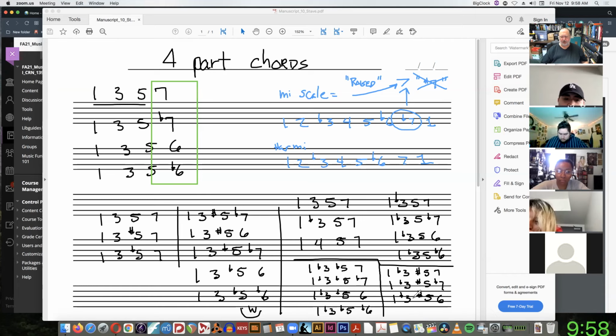Now, if I go 1 flat 3, sharp 5, flat 6, again, that cancels each other out, right? The sharp 5 and the flat 6 are the same note, aren't they? So that's not a thing. 1 flat 3, sharp 5, flat 6 is not a thing. Okay, so now we have this one here.